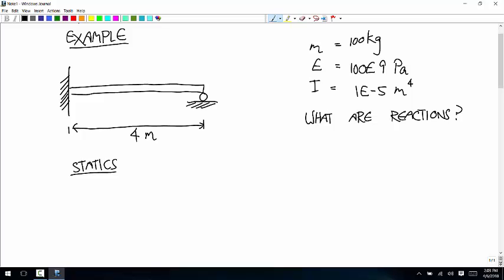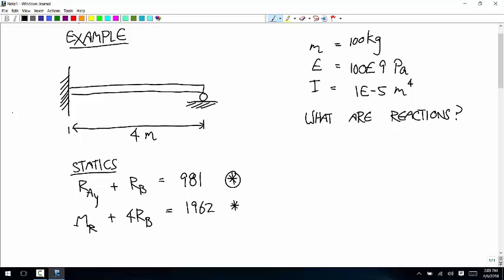So we got this first equation that said RAY plus RB is equal to 981. That's equation 1 star. And then the second equation said MR plus 4RB is equal to 1962. That's equation 2 star.